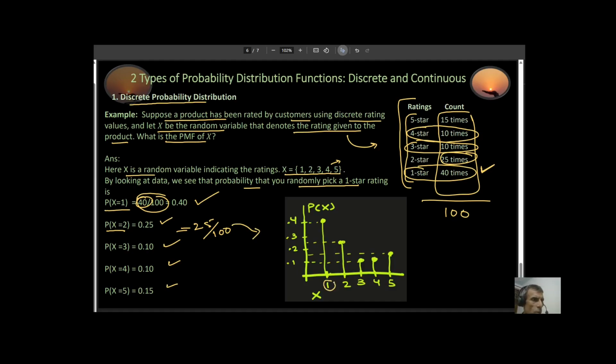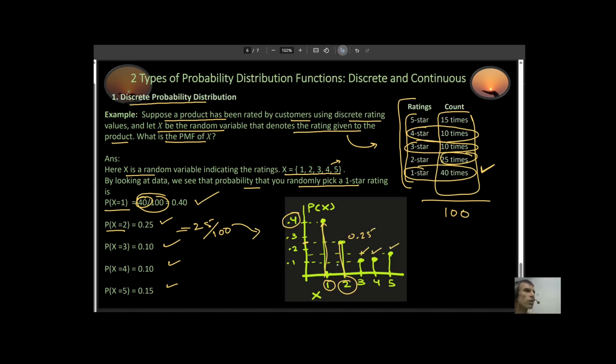This is my x equal to 1, so the probability of 1 star right here is 0.4. This height is 0.4. Likewise, the probability of 2 star is 0.25 right here. And likewise, you can plot these 3 points over here.